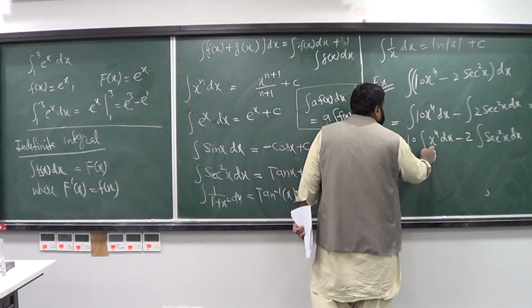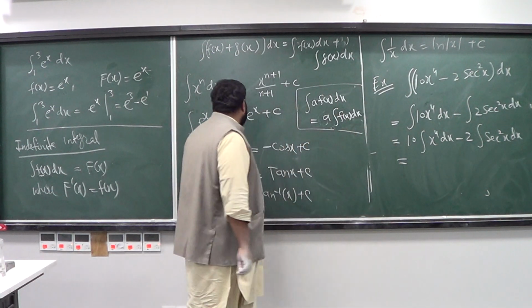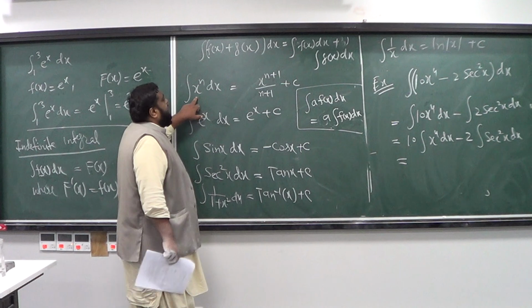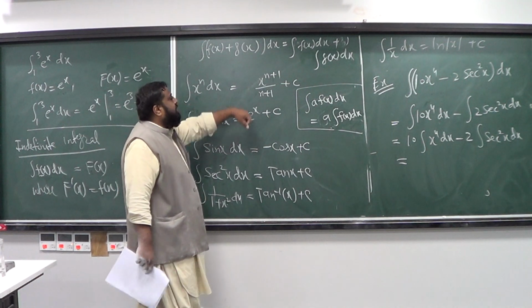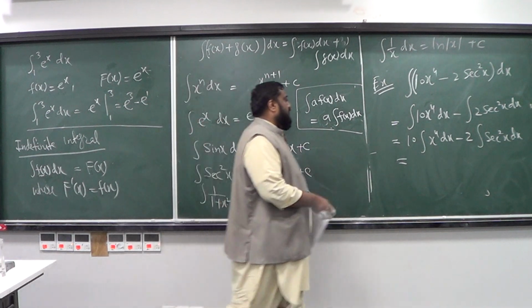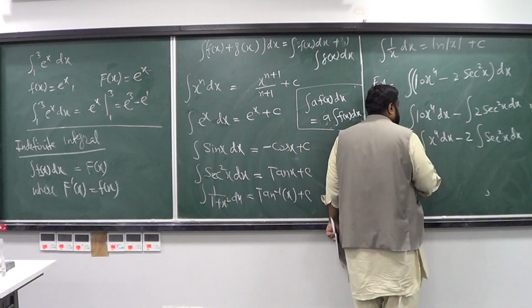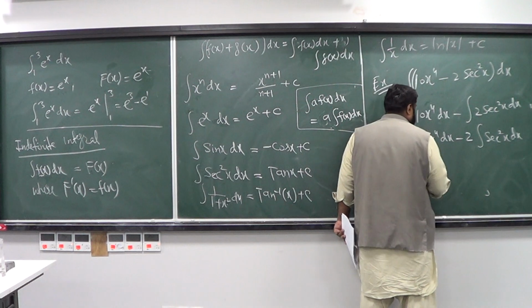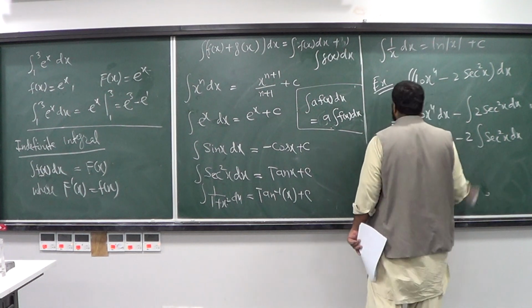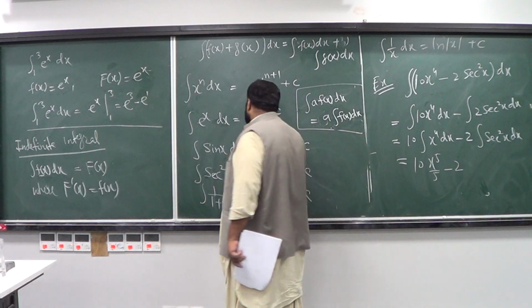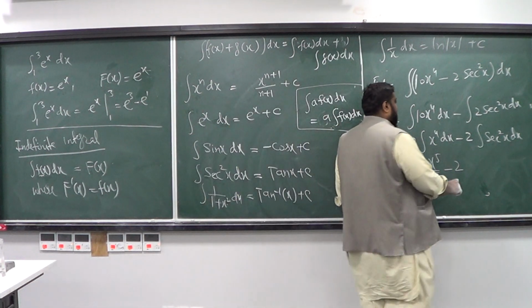Now what is the antiderivative of x power 4? We know the general formula that the antiderivative of x power n is x power n plus 1 upon n plus 1. So it's going to be 10 times x power 5 upon 5 minus 2 times the antiderivative of secant square, which is tangent x.